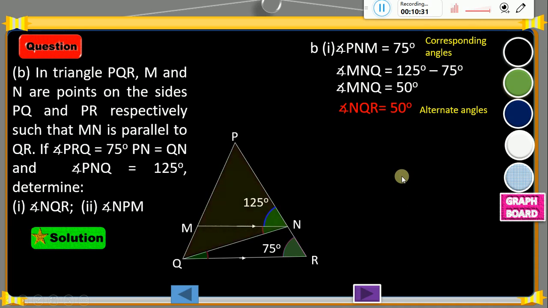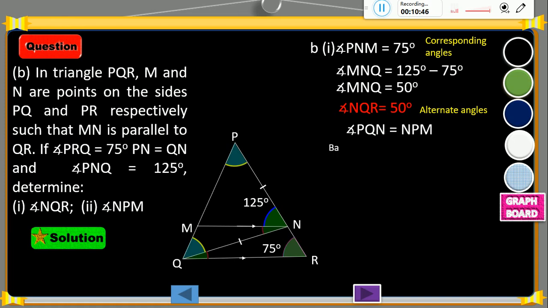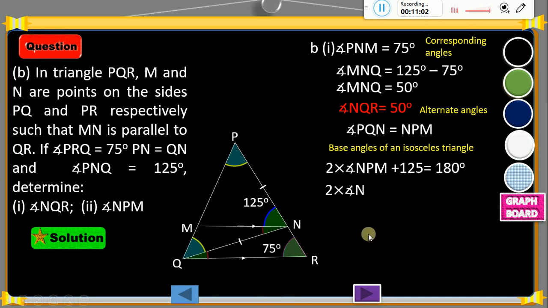Now we are going to focus on the highlighted triangle. Those two sides are equal, meaning that triangle is an isosceles triangle. Therefore, the base angles as shown are equal. Then adding the two base angles and 125 degrees, the apex angle, will be equal to 180 degrees, sum of angles in a triangle.